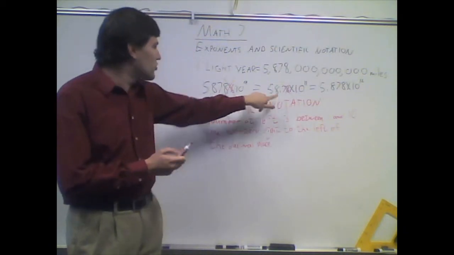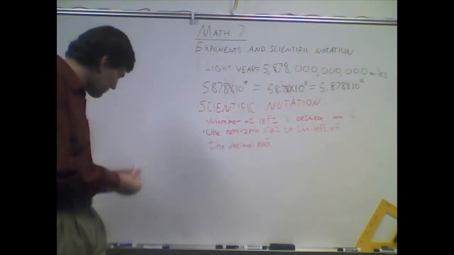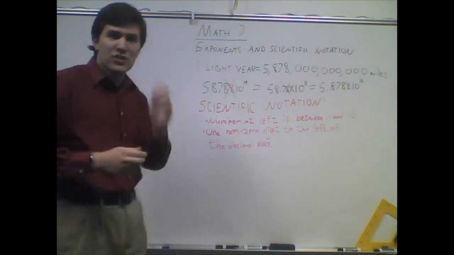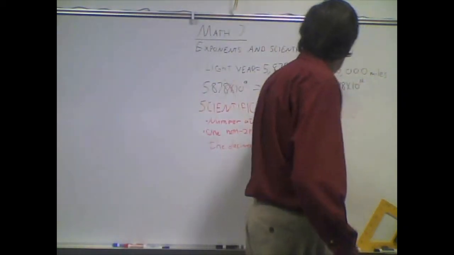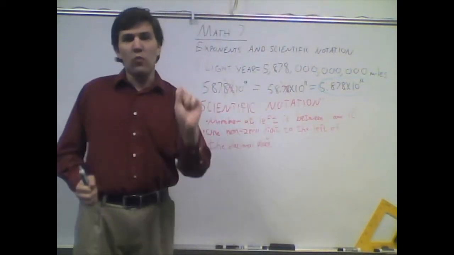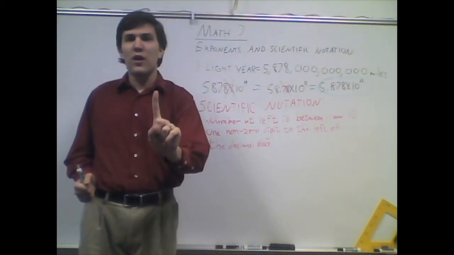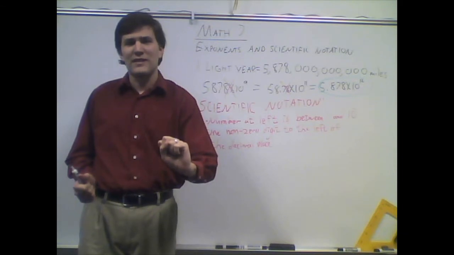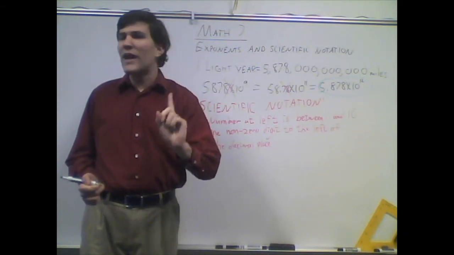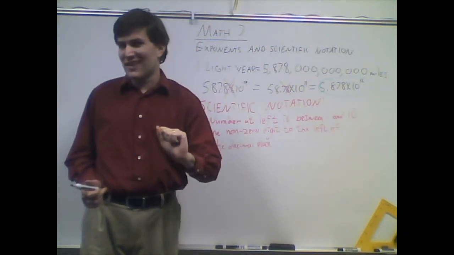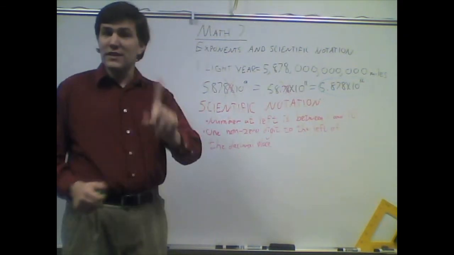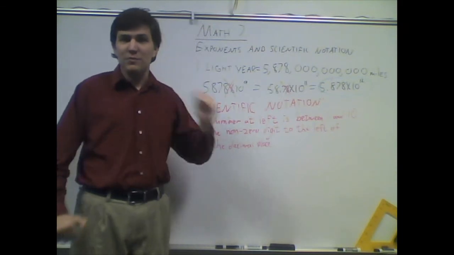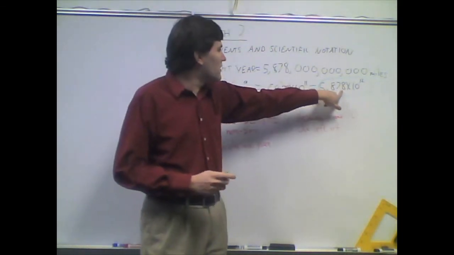You notice we have 2 digits to the left of the decimal place. Our one that actually fits for scientific notation is right here. We have 1 digit to the left of the decimal place, which means that this is in the proper form for scientific notation.